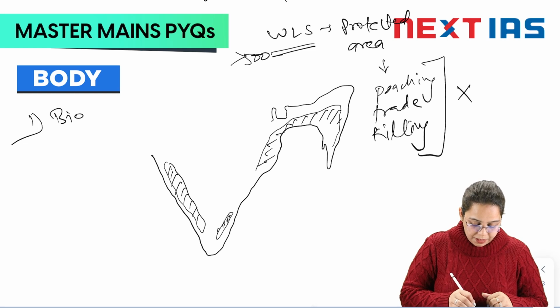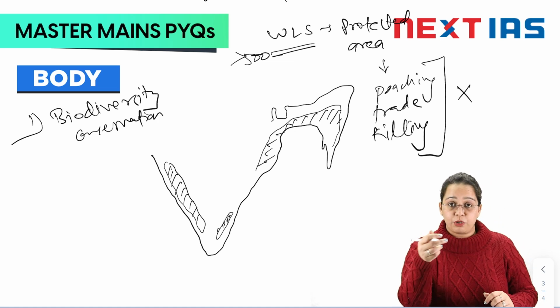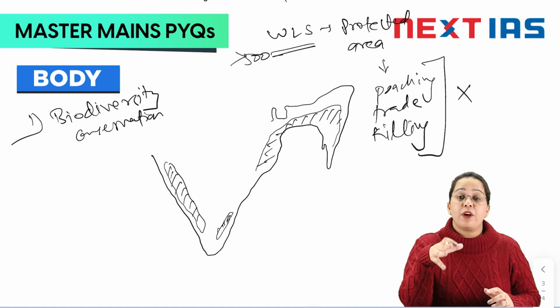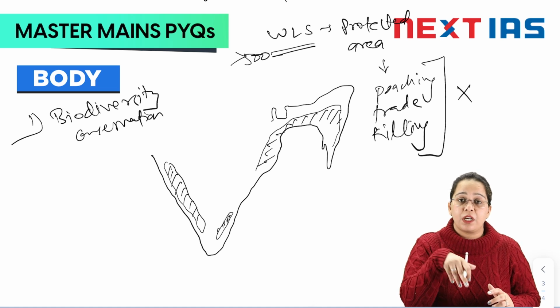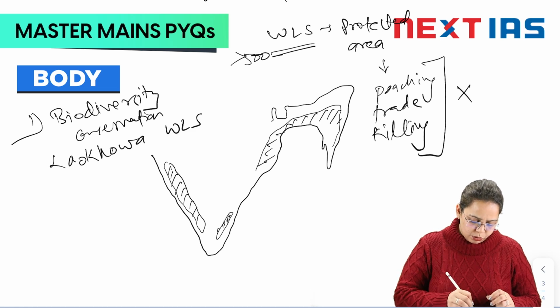Alright, so we will cover it point by point. First is biodiversity conservation. That is a very basic point. Because of the establishment of such wildlife sanctuaries, the biodiversity of that particular area is preserved. You can take the example of Lao Khoa Wildlife Sanctuary. You need to quote examples.